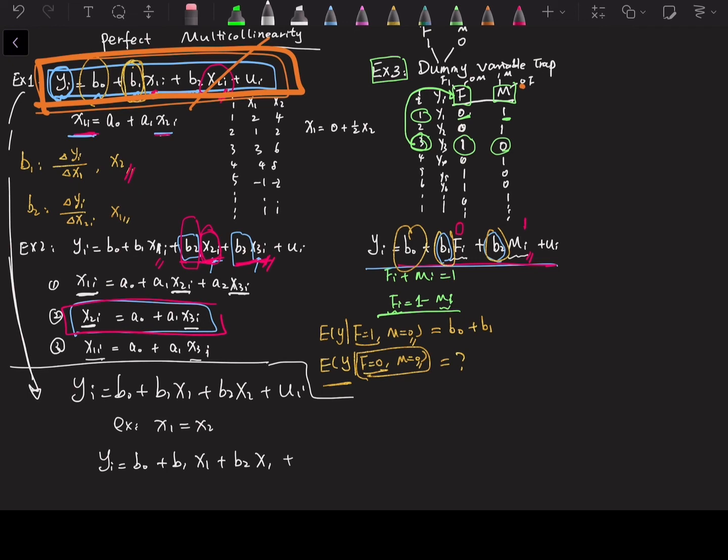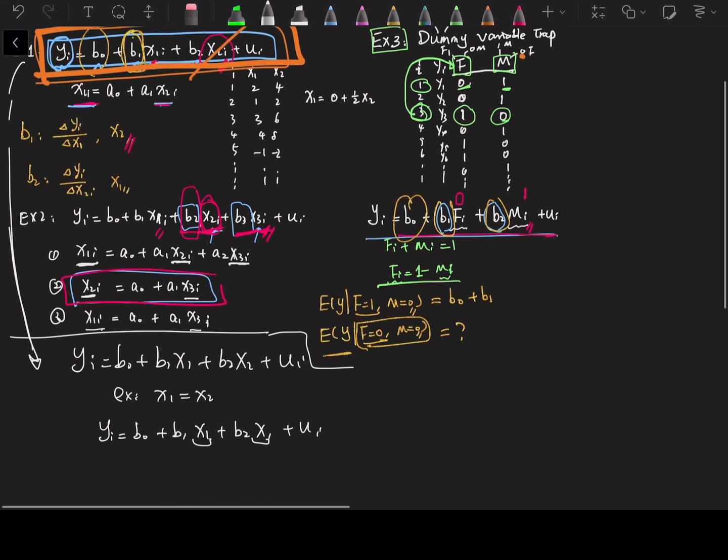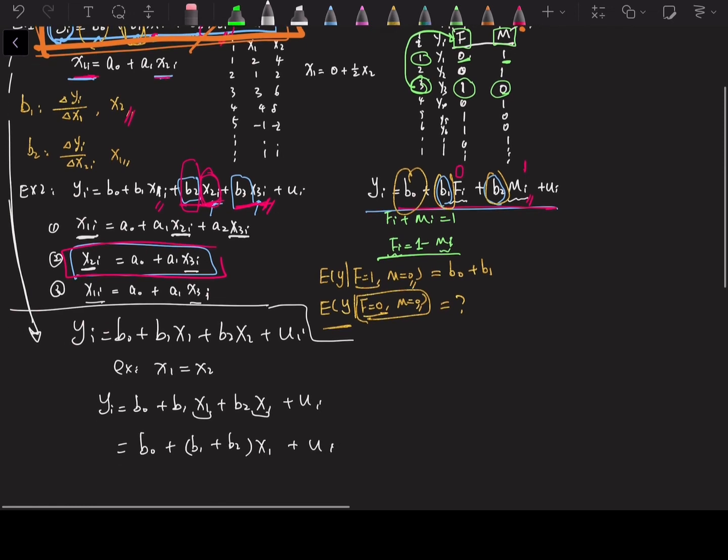So that's b0 plus (b1 plus b2) times x1 plus error. You see, you run a regression with 2 regressors, but it turned out that there's only 1 regressor.